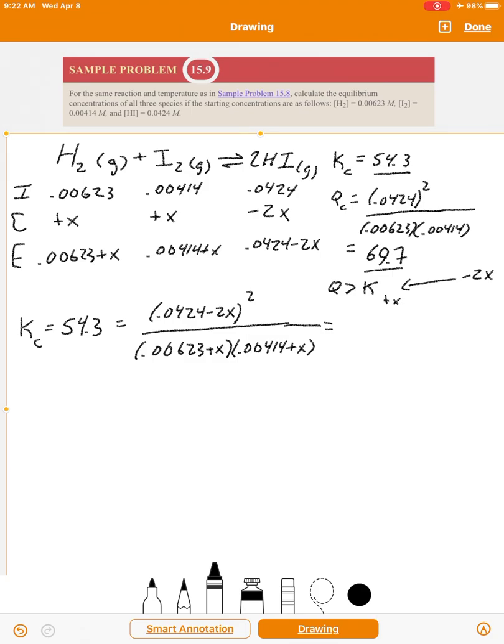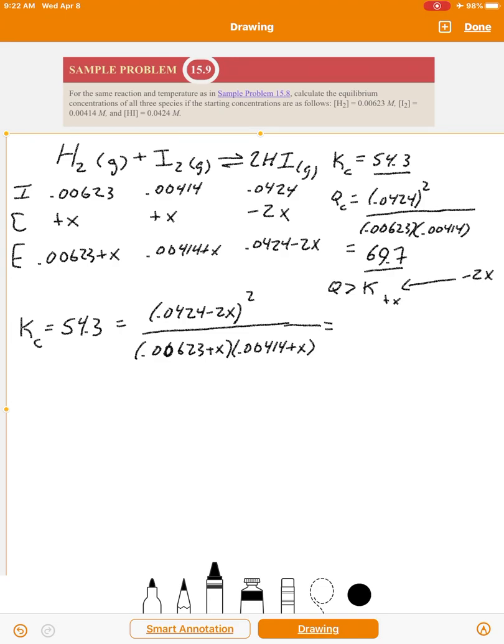problematic it becomes. So with the previous example, 15.8, we were able to take the square root of both sides because the numerator was a term squared, and the denominator was a term squared. But that's not the case here. The denominator has two different terms. 0.00623 is different from 0.00414. So we cannot take the square root of both sides.